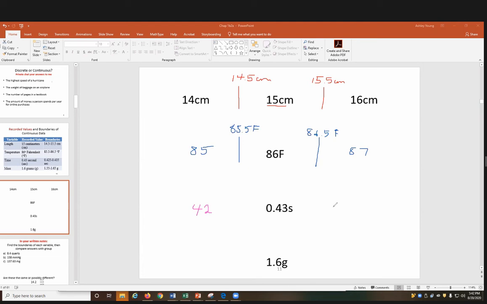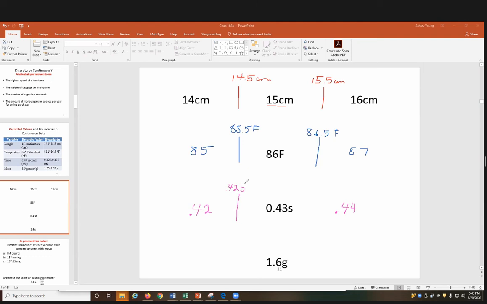So just pop it in wherever it belongs. Then, what's the number halfway between these two? You can put them in your calculator and average them, or you can say, what's the number halfway between 42 and 43? It would be 42.5, so I'd put 425, and the decimal place stays where it is.